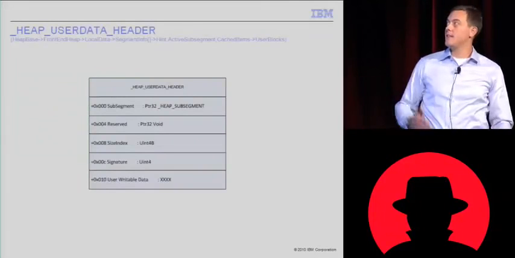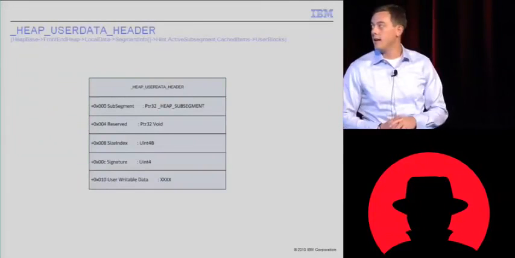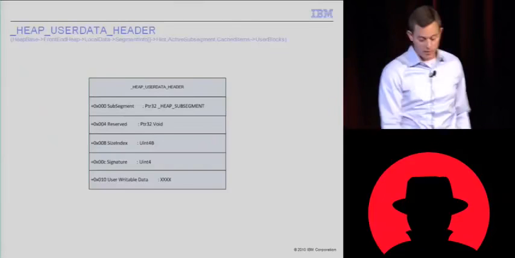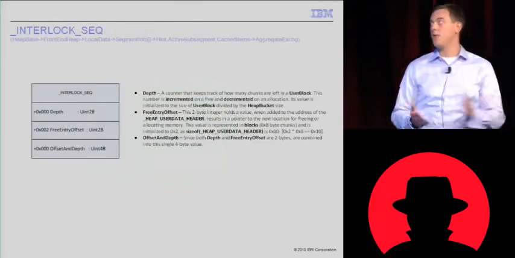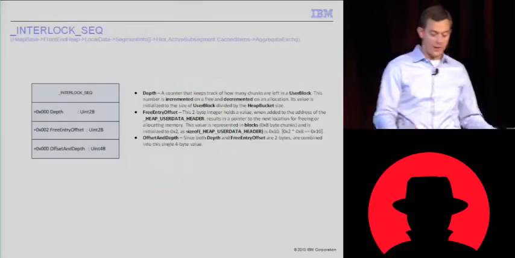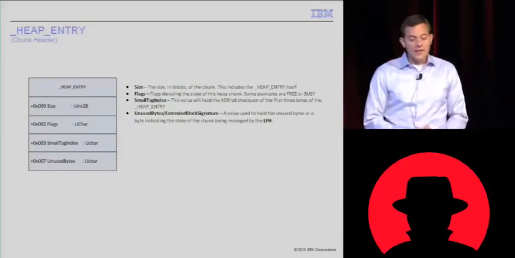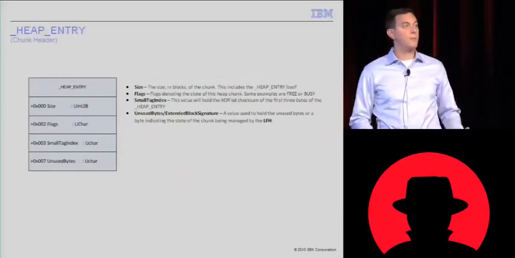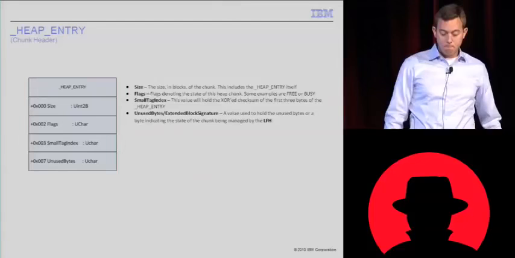And as you see, this is the heap user data header. It's a simple 16-byte structure, and then the big block of memory that we're going to use. The interlock sequence, as I said, keeps track of depth and offset. Lastly, we're going to cover the heap entry structure, which is what a lot of people refer to as the chunk header, right?